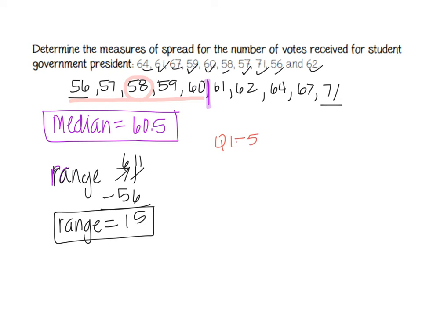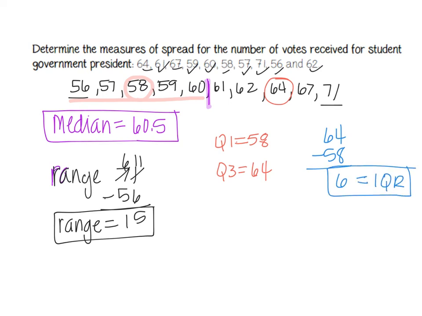So 58 is my quartile 1, and 64 is my quartile 3. So now I need to find the difference between the two. That allows me to find out my IQR. So 64 minus 58 will give me 6, and this is my IQR.